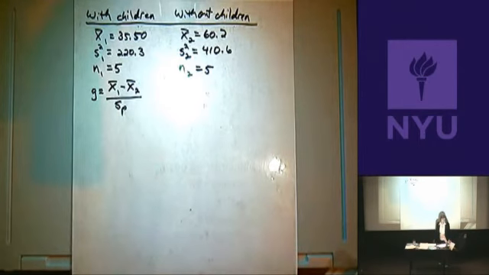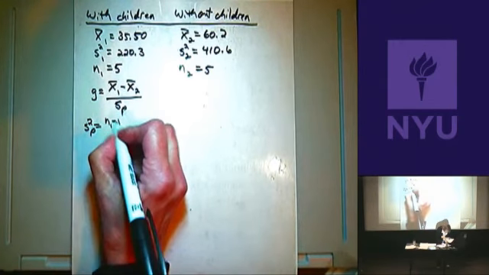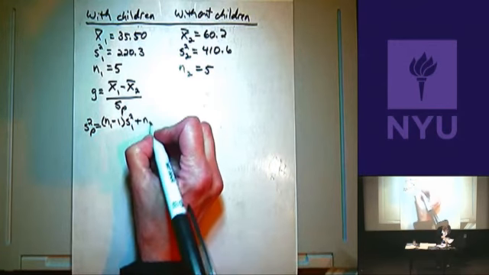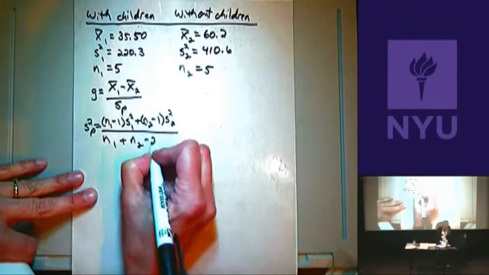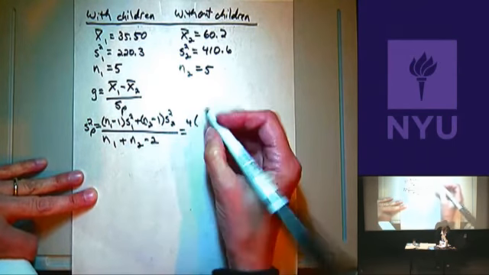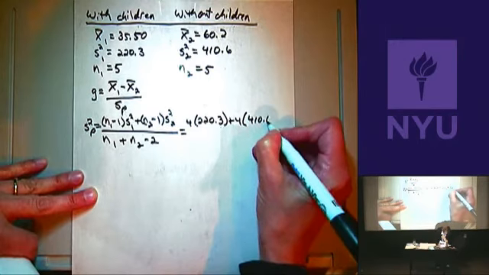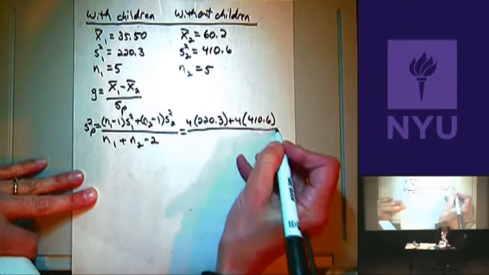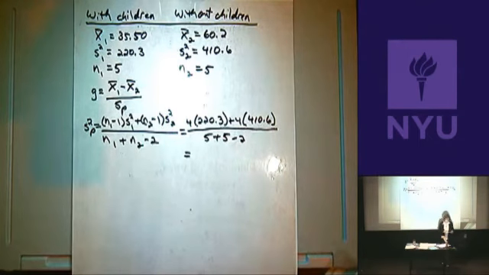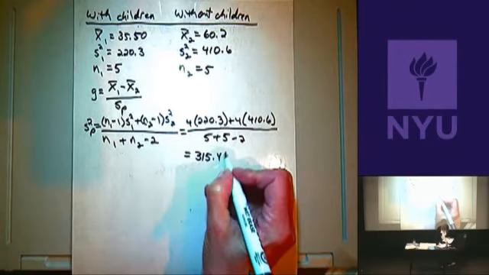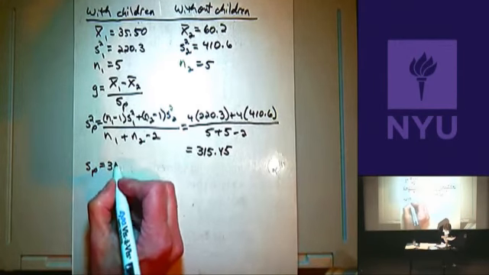So we'll find the pooled variance and take the square root. Right? But that's the pooled variance. We need the square root of it.